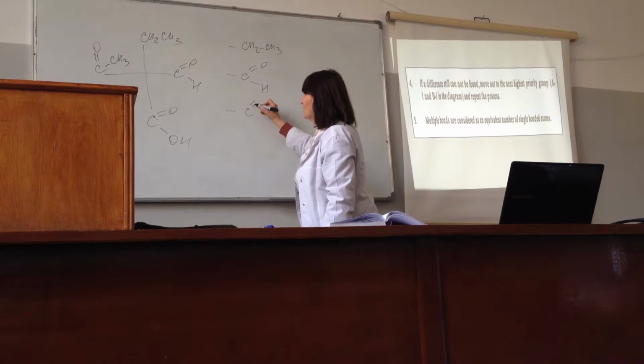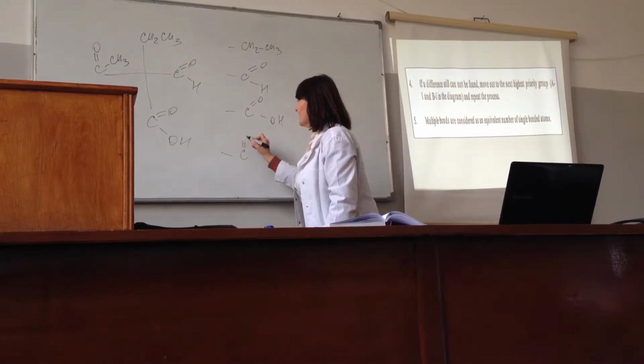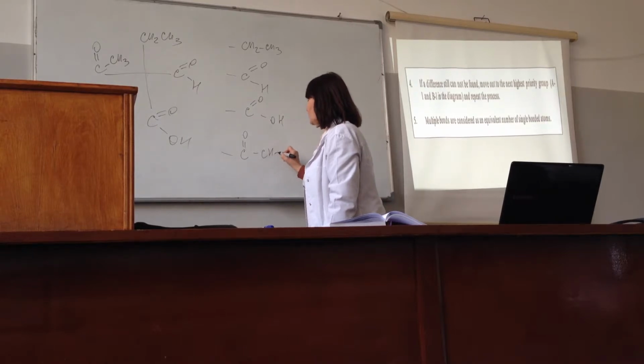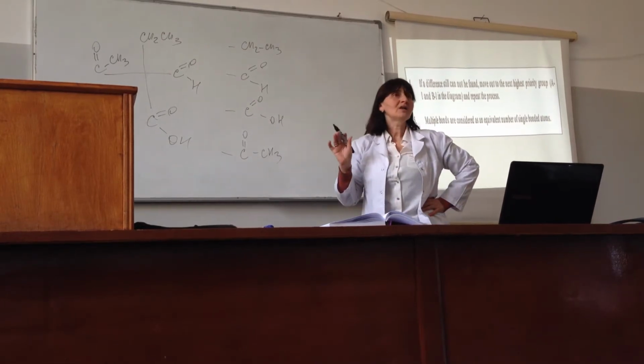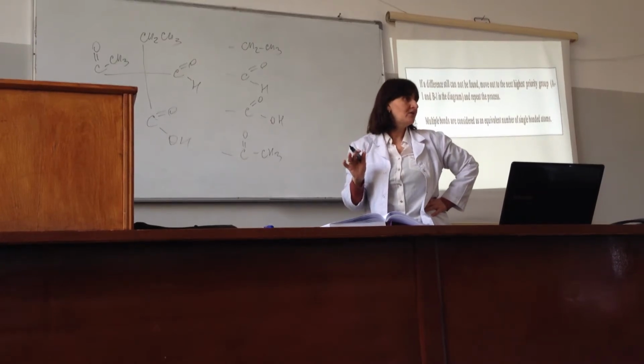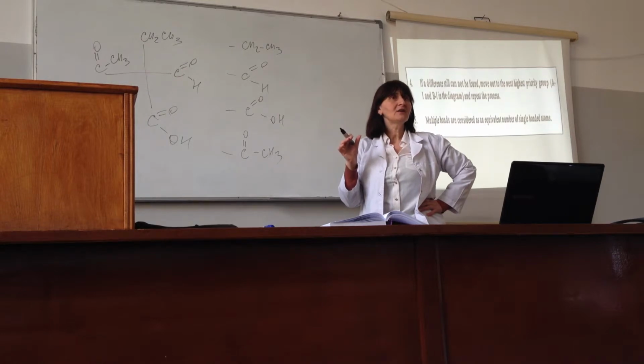C double bond OH and C double bond OCH3. Now, let's start. In all cases, you have carbon atom, so you have to look at the next atoms and find the first difference in this molecule.